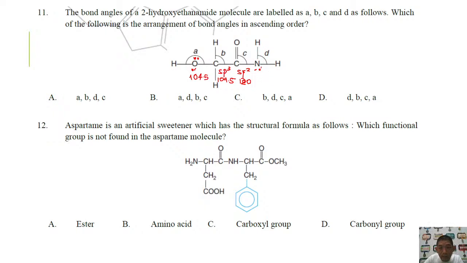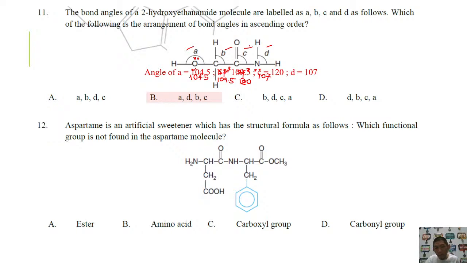And then this nitrogen in here has a lone pair electron, so it is 107. So what is the correct ascending order in the bond angle? We have A, D, B, and finally C. So the best answer in here is B. Okay, so that is for number 11.